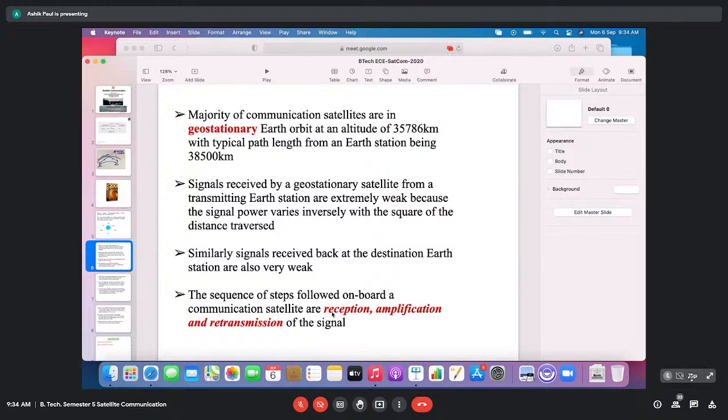So the usual sequence of steps on board a communication satellite is, first of all, you receive the signal, then there is an amplification of the signal, and finally a retransmission of the signal. That means first you have to receive the weak signal, and because it is weak you have to amplify it, and then retransmit that signal to the desired user.